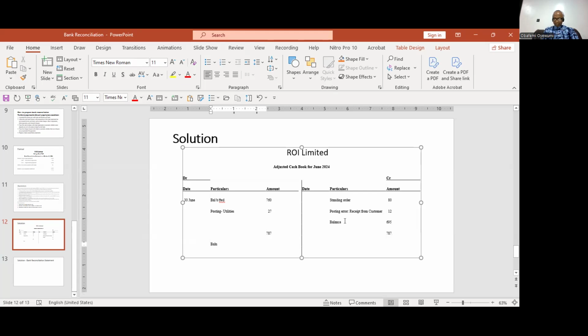That will stand as our adjusted balance. Here I'll just underline it, and here I'll also underline it. This is our new balance that you'll be working with. You're no longer going to be working with 760. You're now going to be working with this adjusted cash book balance.